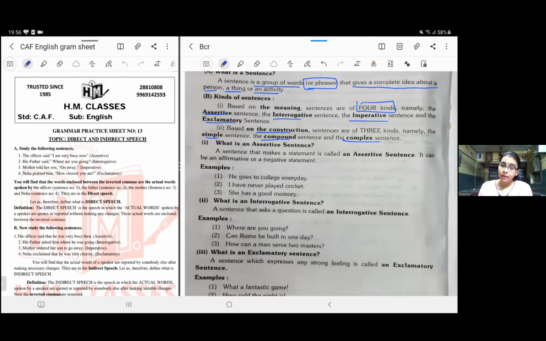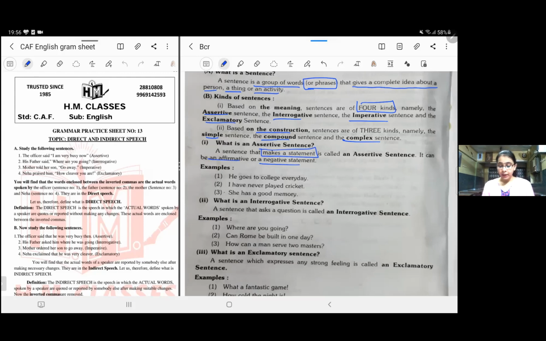If it is positive, then it is called an affirmative sentence, or if it is negative, then it is called a negative sentence. Right? It can be affirmative and negative.